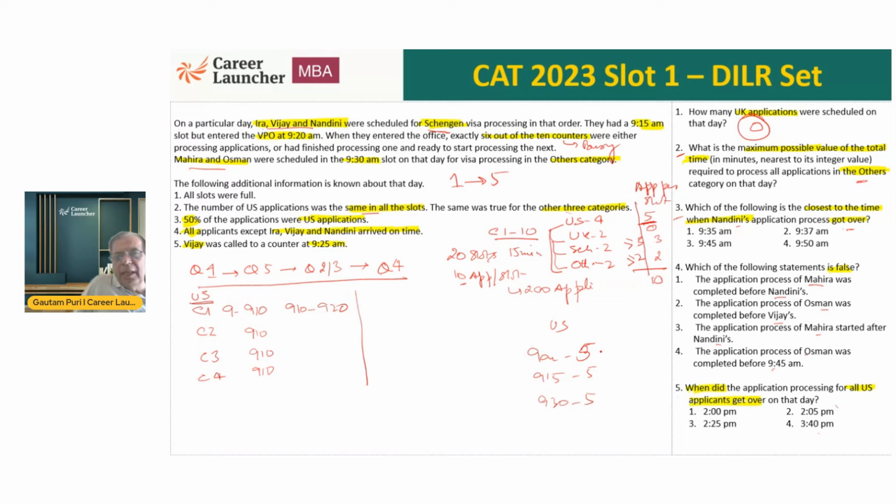Now these 5 are done. At 9:15, 5 more people will come for the application. What will happen? The first 3 out of those 5 will be occupied here.